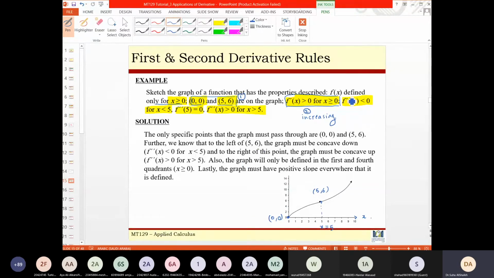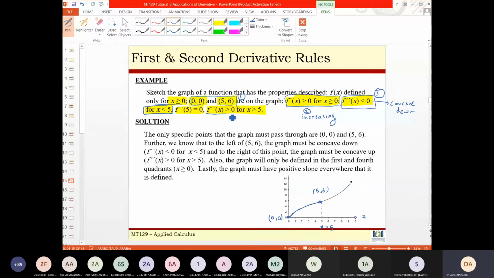Now information number 3 is about f double dash. They said the f double dash is negative, meaning concave down, when x is less than 5. So for x less than 5 the function is concave down. Can you see that it is concave down? So less than 5 I'm going to let it be concave down.